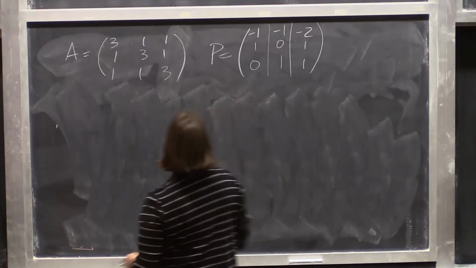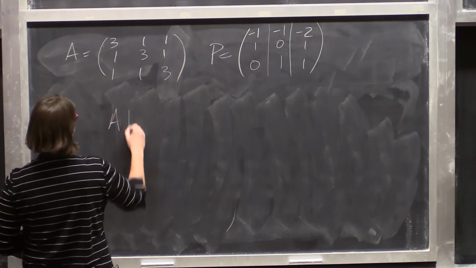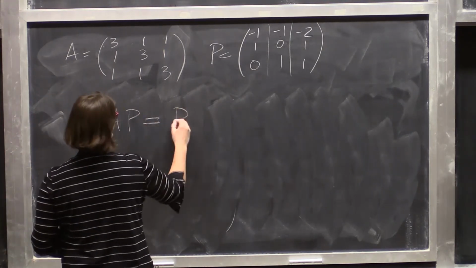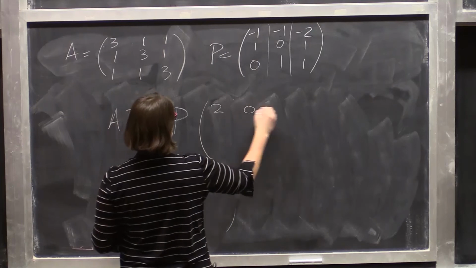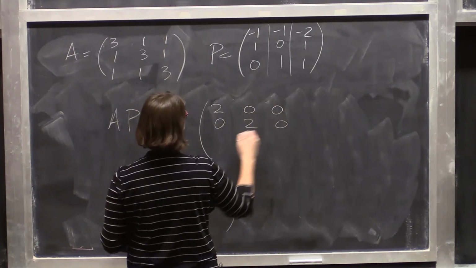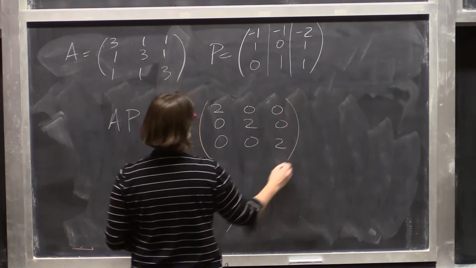So if I had made this choice, I can check that A times P is equal to P times 2, 0, 0, 0, 2, 0, 0, 0, 2.